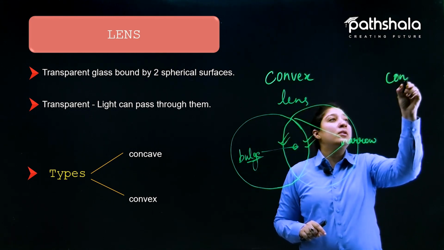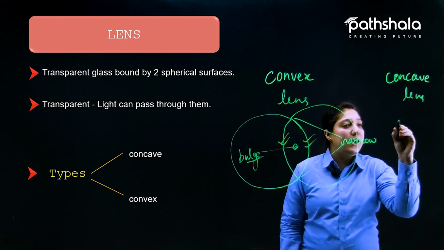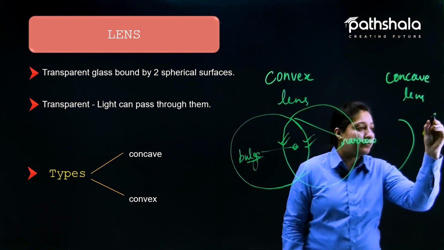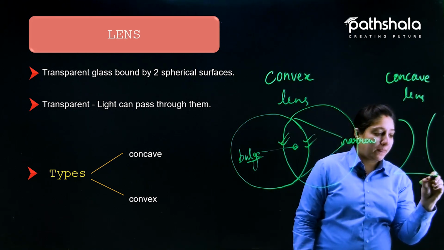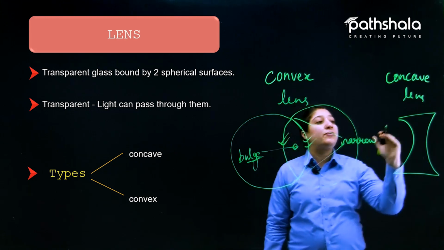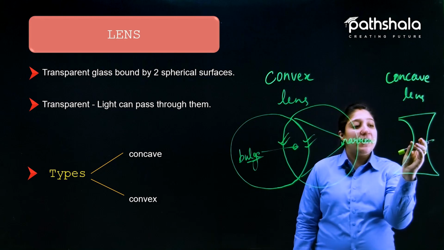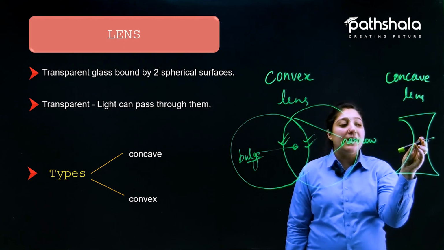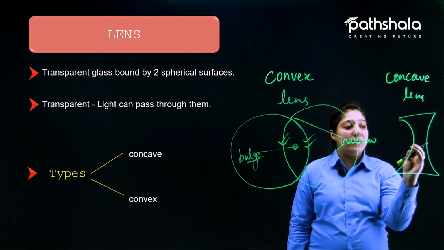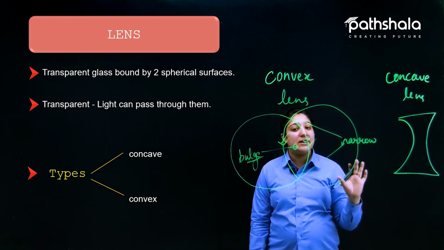And what about a concave lens? In the case of a concave lens, it is like this. It is just the opposite of the convex: from the edges it is broad, and in the center it is narrow. So that is how the convex and concave lenses are formed.